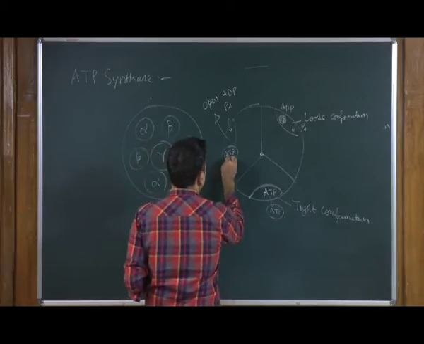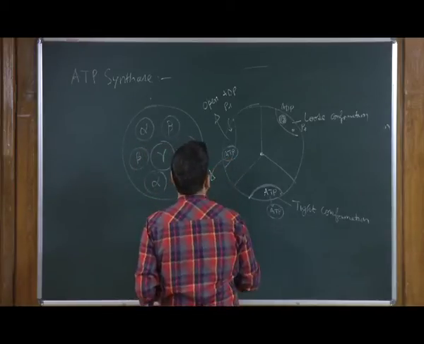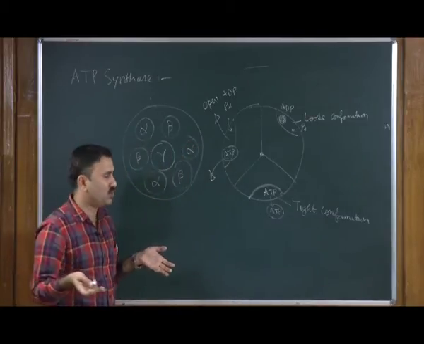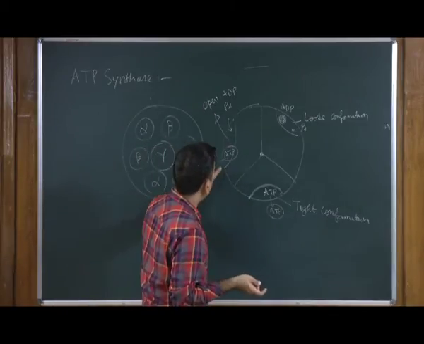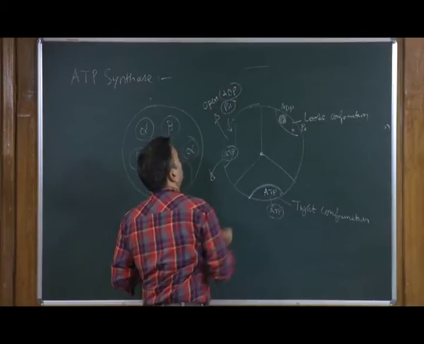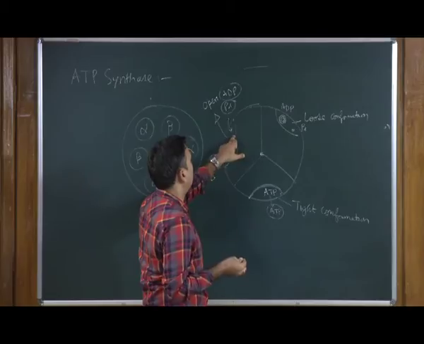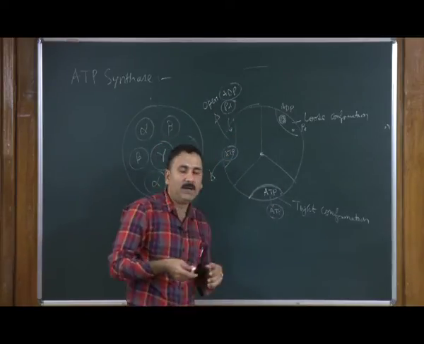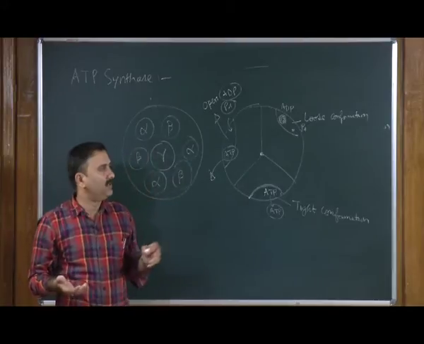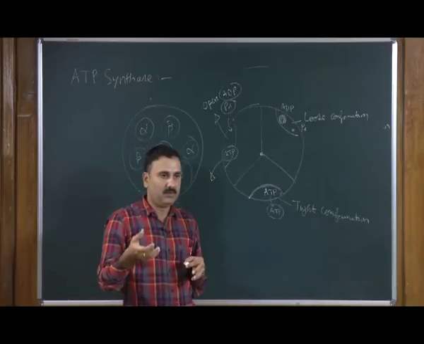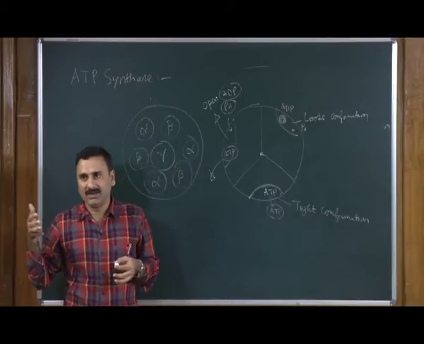As a result, the ATP comes out because the active site is now in the open conformation, and ATP is released and the new series of ADP and Pi comes in. So, this cycle continues for several rounds, and as a result it assimilates the proton energy which is used to couple the ADP and Pi to generate the ATP.